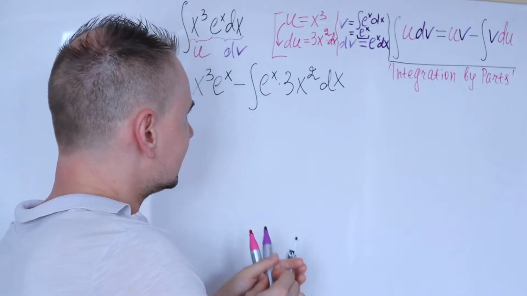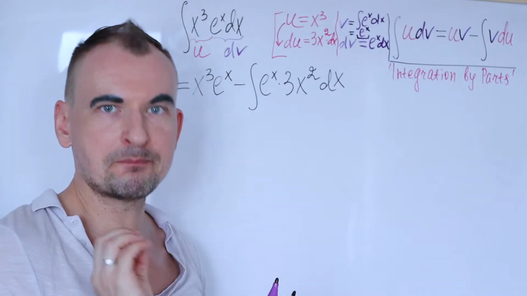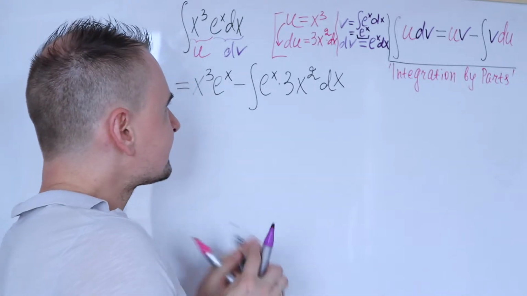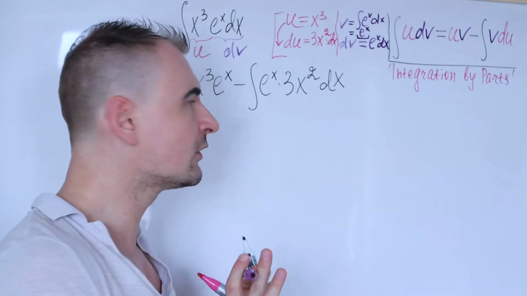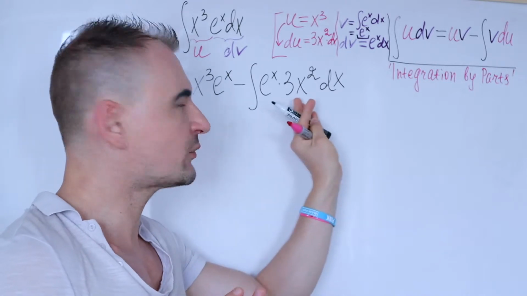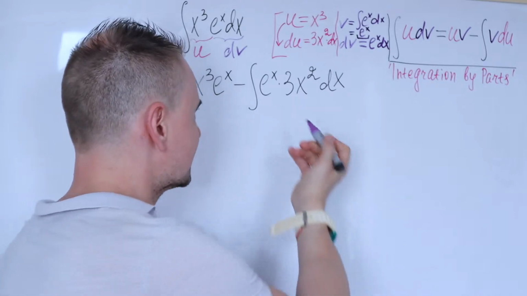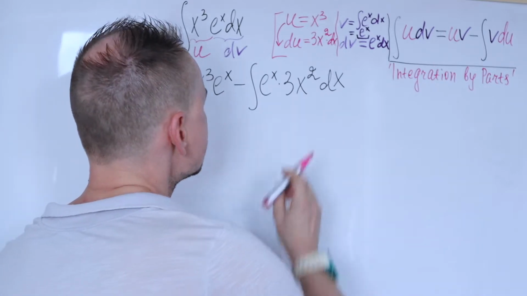So again, it comes down to picking your u expression. And again, as a rule of thumb, 3x squared, that's an algebraic expression that appears in your problem. So it's going to be your u.